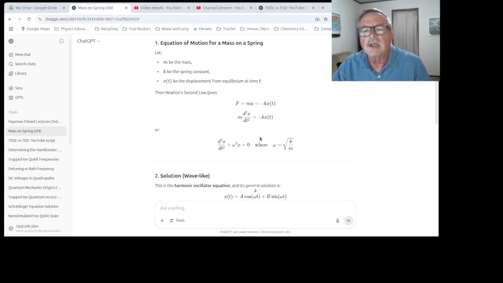Now here's where it gets really ugly. Second derivative of x with respect to time. How do we get from here to there? Well, this is an expression of acceleration. Acceleration is the rate of change of velocity, increasing velocity or decreasing velocity.